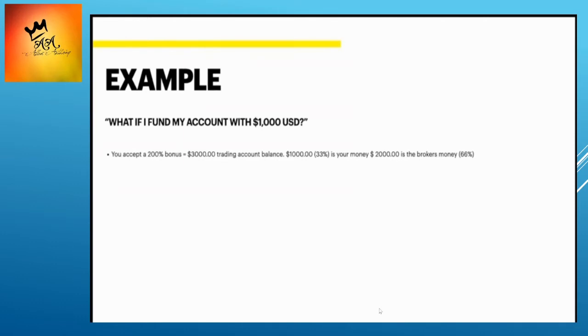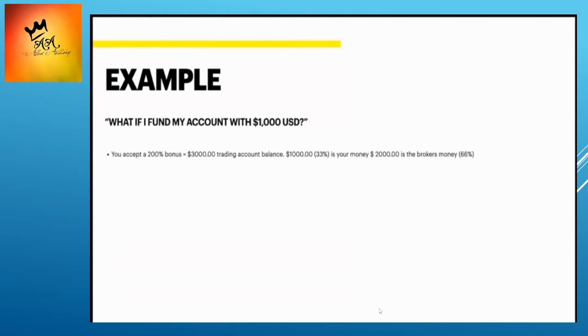But let's say for this example that you choose to accept the 200% bonus. Now it'll be a 3,000 trading account balance. 1,000 USD, which is 33% of the balance, is your money. The other 2,000 is the broker's money, so they would have 66% of the total account balance.